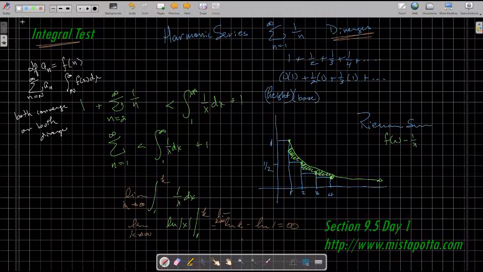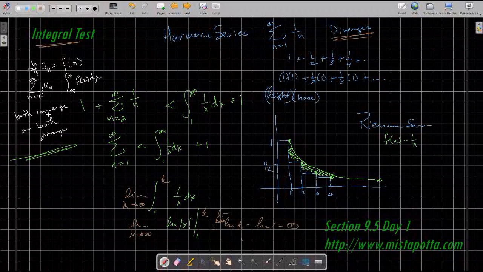Now, the thing that's important to notice is that when I talk about this integral test, this idea that I could essentially replace a sigma with an integral sign, I'm doing two things here. One is that I'm harkening back to chapter 5 when we were dealing with Riemann sums.